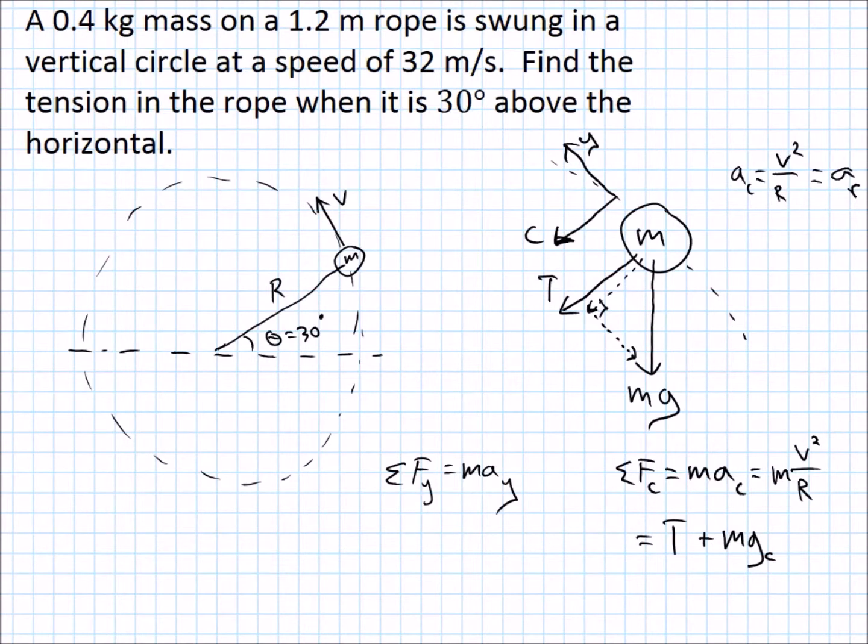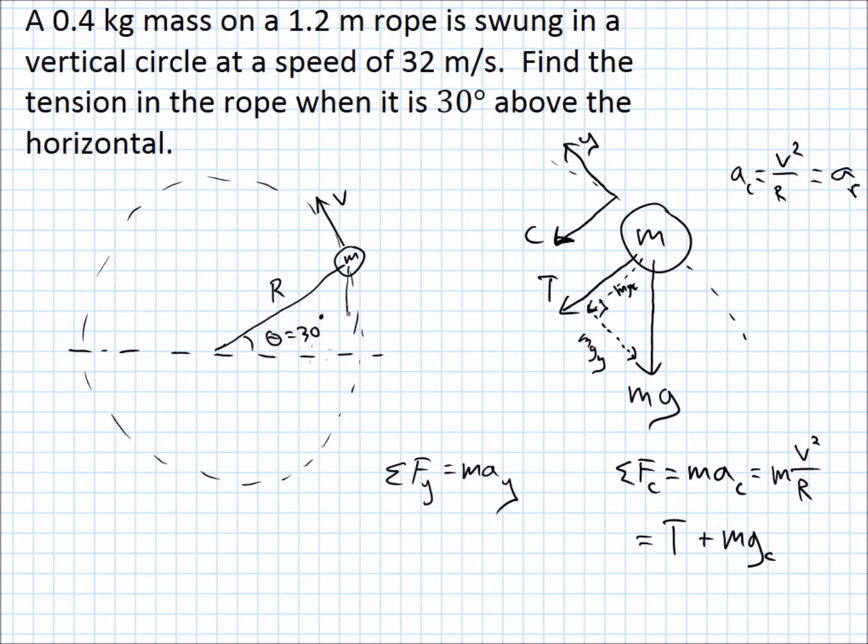To find mg_c, we're going to need to know an angle in this gravity force triangle here. So mg_c is this side, and this is my mg_y. We'll have to figure out either that angle or that angle, and then we'll be able to use right triangle trigonometry. We'll have to reason it out from this picture over here, which could be cleaner.